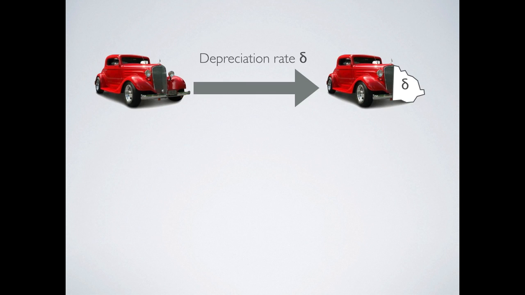The way we think about it is to consider a depreciation rate delta. So if there is a depreciation rate delta, which means that after you use the car for one period, we imagine that delta portion of it will disappear. Therefore, if you have K units of cars, then delta K units of car will disappear. We call it depreciation.